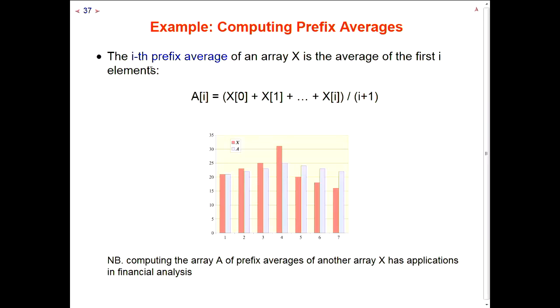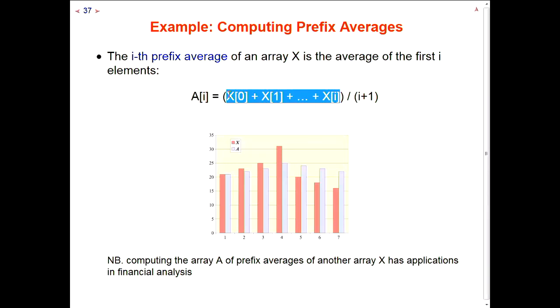Now, in this example, the task is to compute the ith prefix average of a given array of integers. The ith prefix average is defined as taking the first i elements in your array and computing the average of those first numbers.